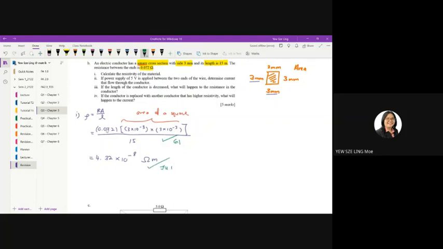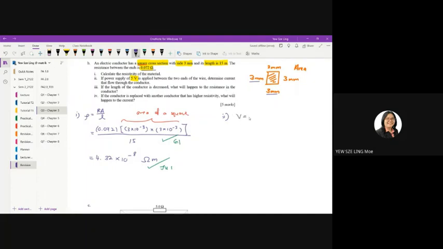Questions B. If power supply of 5 volt is applied between two ends of the wire, determine the current that flows through the conductor. So basically, this question is just a very simple VIR question. All right, so you have V as 5 volt. And then from the main questions, R is 0.072 ohm.